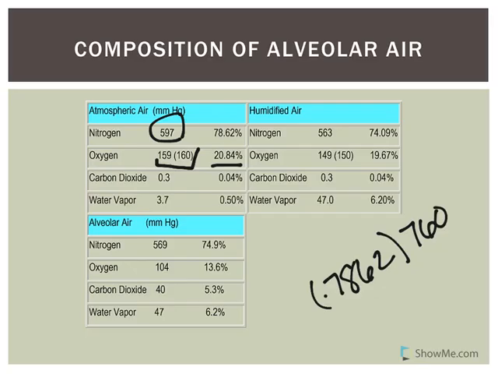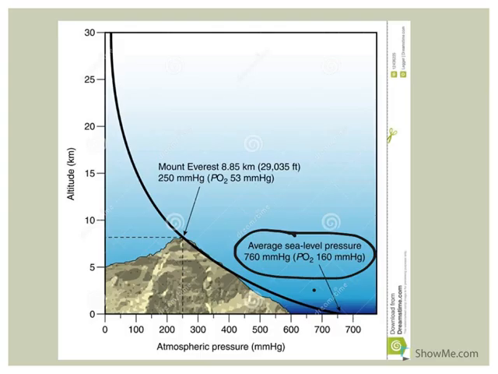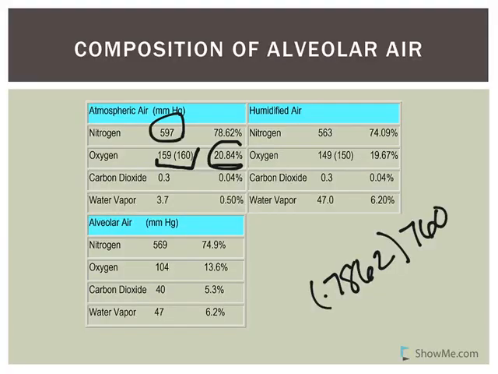Since I showed you how we could calculate the partial pressure, it's still this percent, but it's a percent of a smaller pressure, so it would be that. You'll notice the partial pressure of oxygen is much, much lower at higher altitudes, which will play a role when we talk about gas exchange.